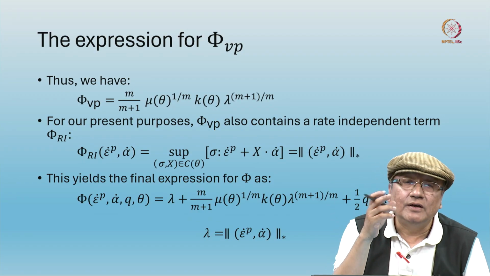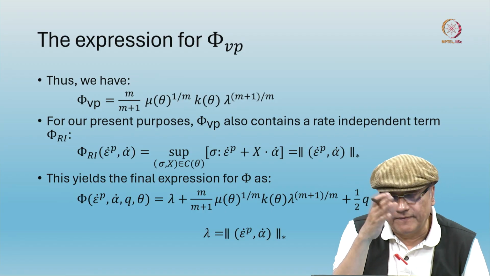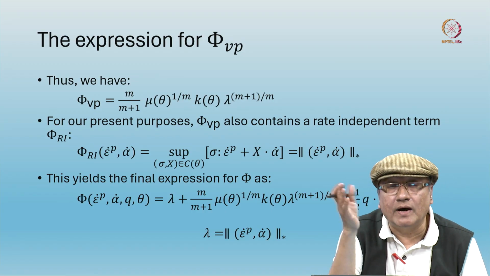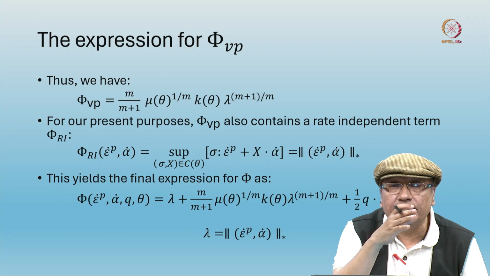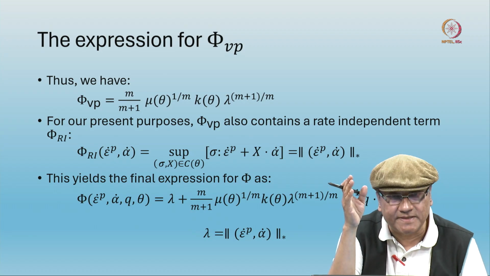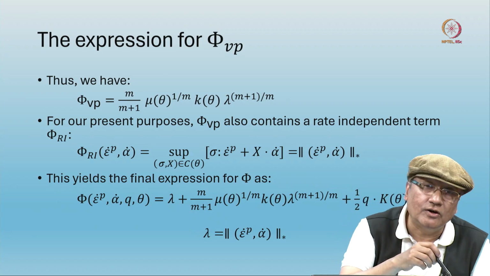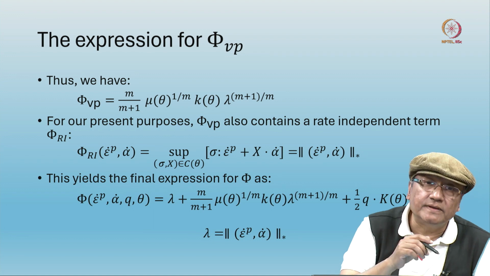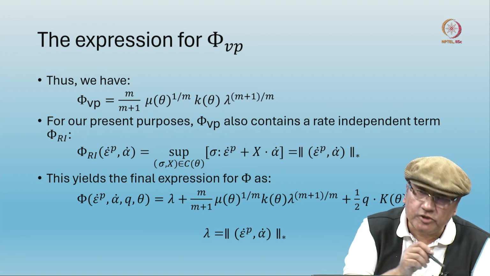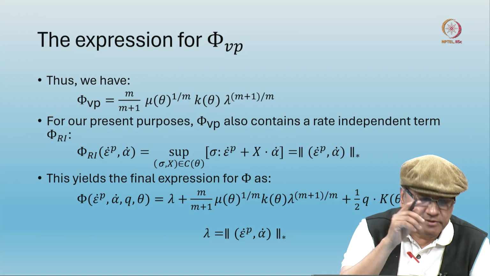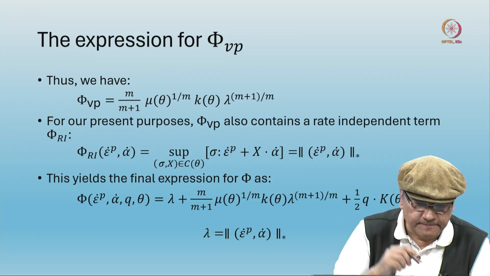So we started with phi star, and there was no rate independent part of the phi star. So we have actually got a non-trivial expression for the rate independent part only in the dissipation potential, not in its dual.